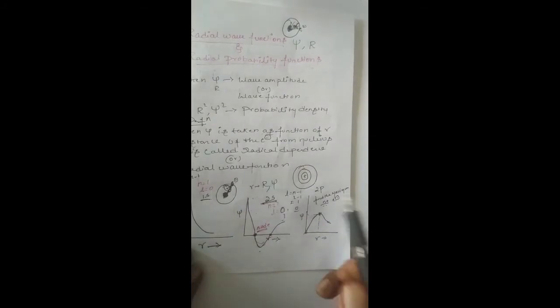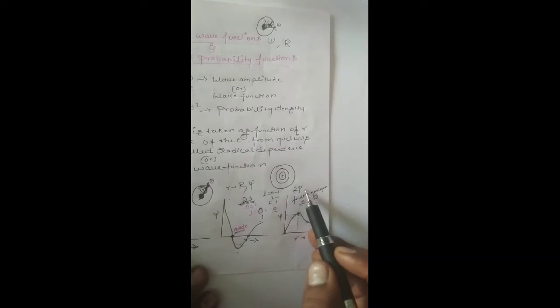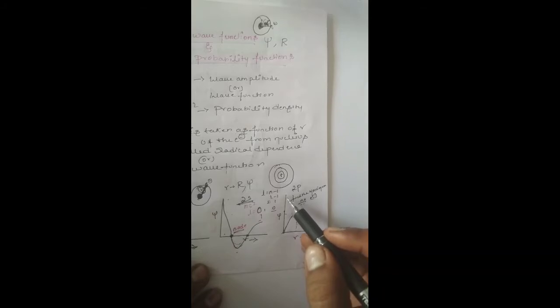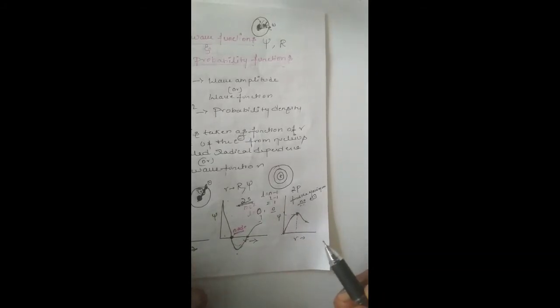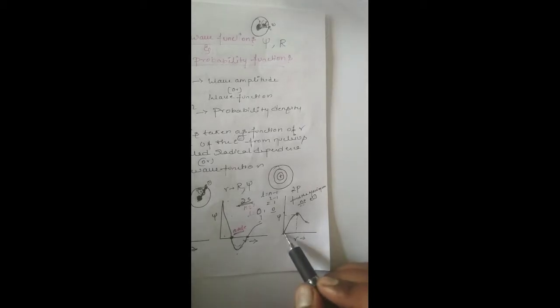Next we are going to talk about the 2p orbital. Same plotting: psi on the y-axis and the radius of the atom on the x-axis. Here it goes on increasing; when the radius increases, the function also increases. At a certain point it starts to decrease.